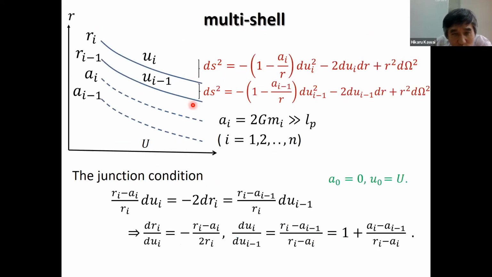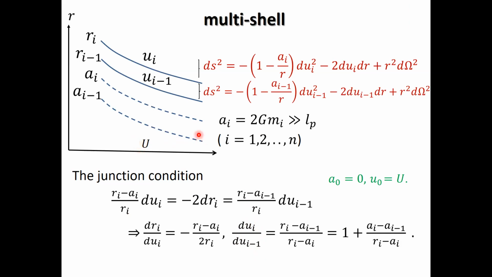Okay, so we are now considering multi-shells, right? Yes. And from this equation, we know the ratio between u_i and u_{i-1}. And what we are doing is to multiply these equations, we get du_i divided by dU. You're saying if you take it as a continuum, if you take all of it into account. Yeah.